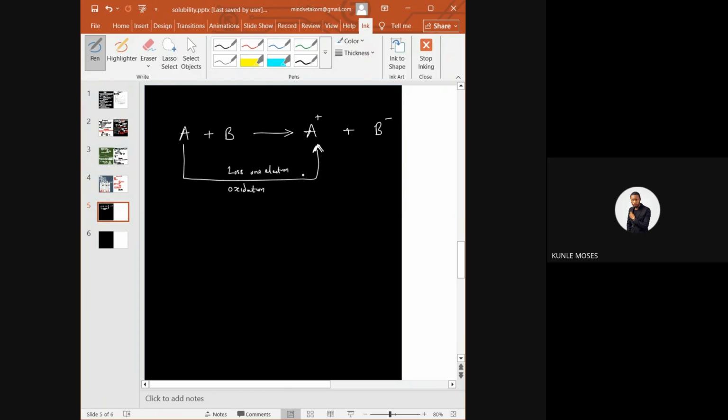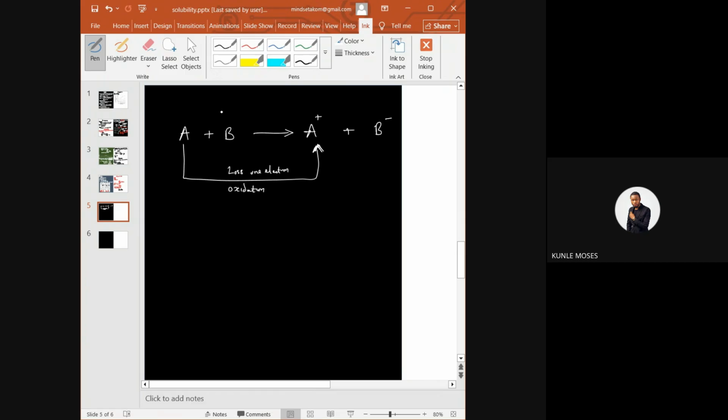It can be 1, it can be 2, it can be 3. Look at this B. This B has become negatively charged. It simply means it has gained an electron. Since it is just negative charge, it has gained one electron. Assuming it is -2, it means that it has gained 2 electrons.